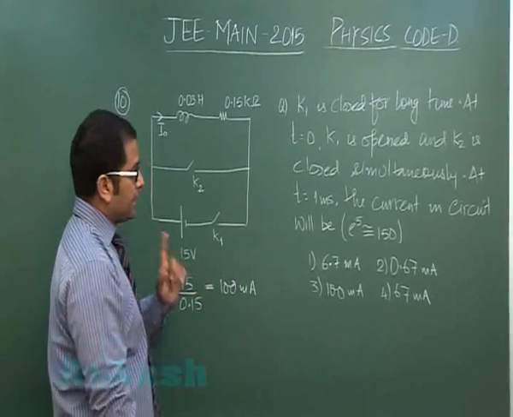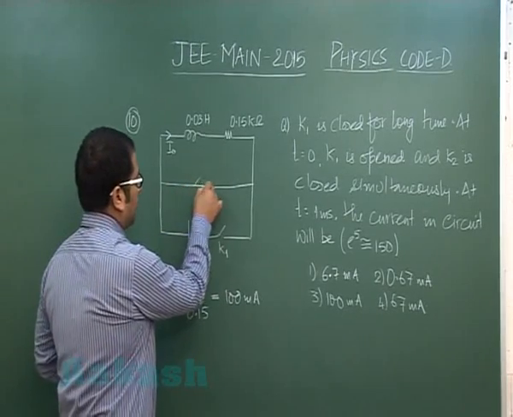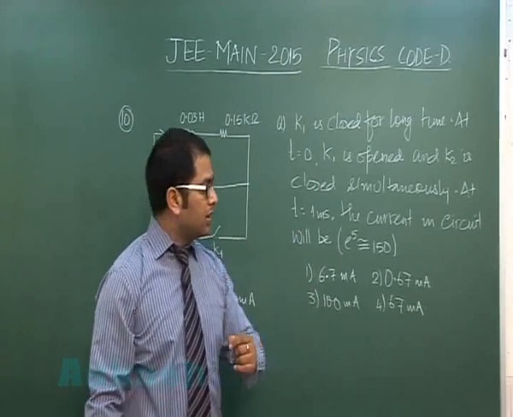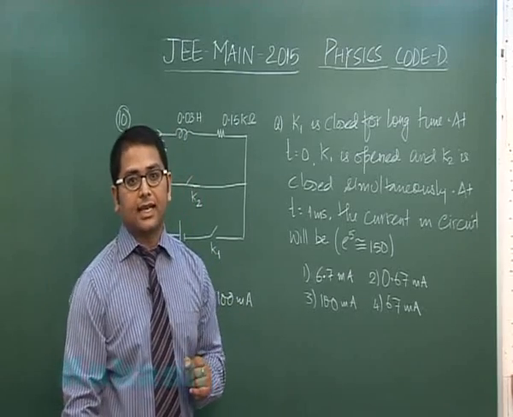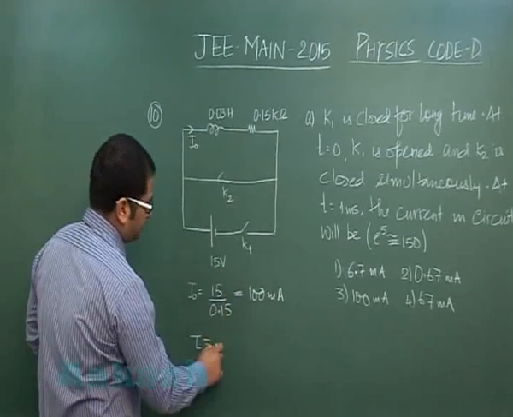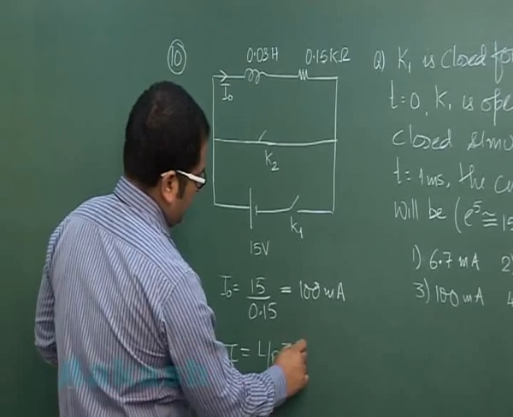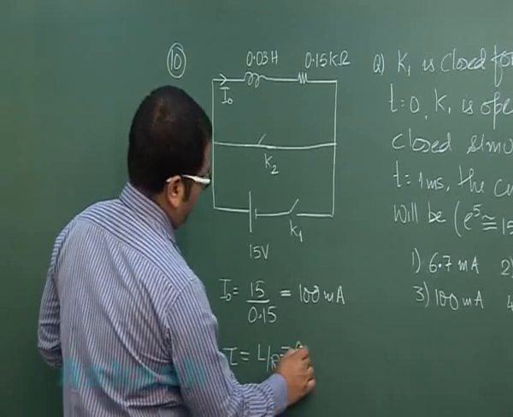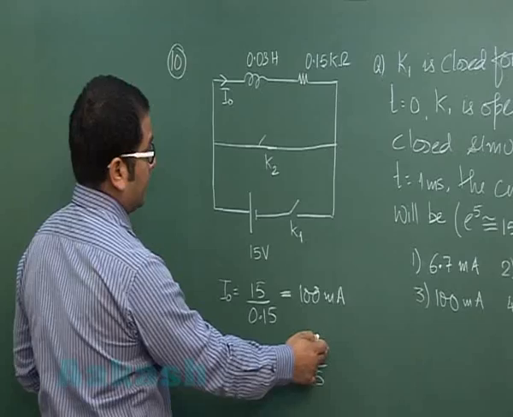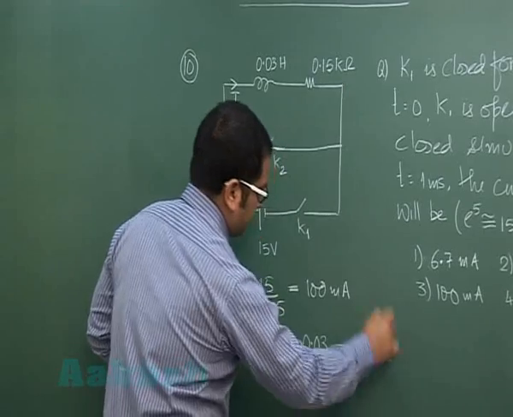Now what happens at t equals 0, K1 is open and K2 is closed. So now this becomes an RL discharging circuit, and we have to calculate the current at 1 millisecond. First of all, let's calculate the time constant during discharging. That comes out to be L by R, and L is 0.03 and R is 0.15. Again, this is in Henry, this is in kilo, so that's simply going to be 1 by 5 millisecond.